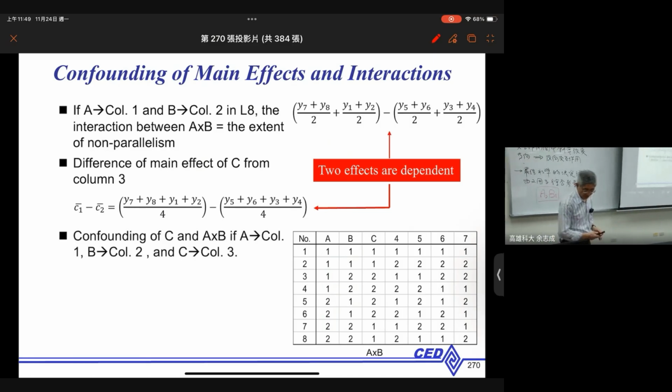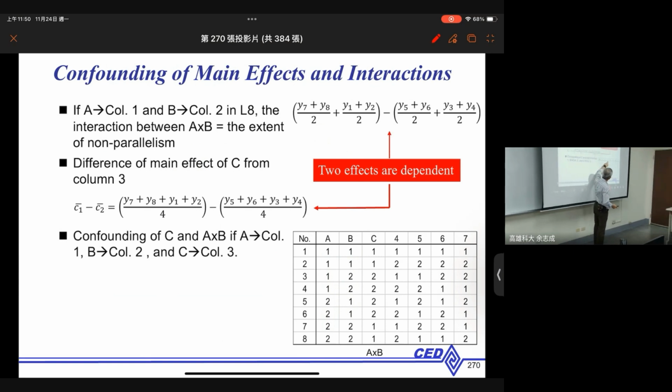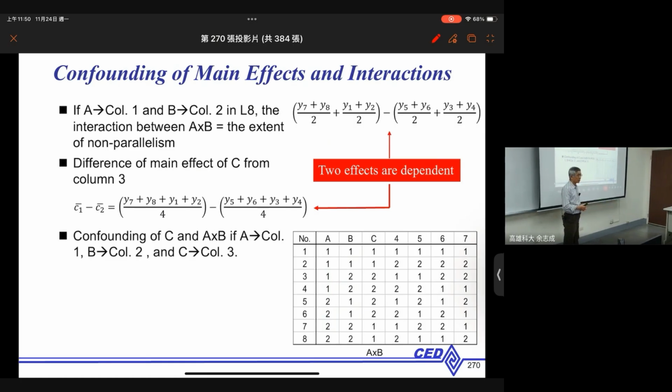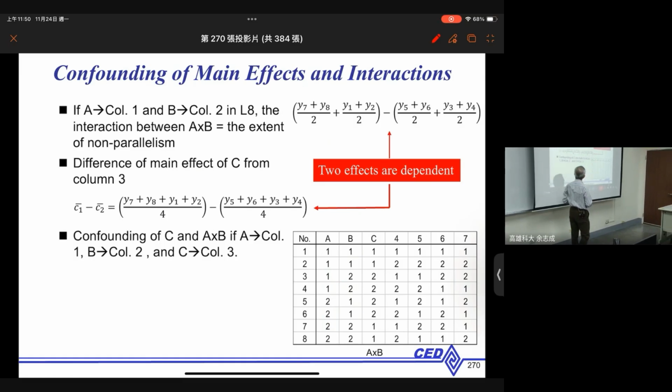So we say that these two effects, the AB interaction and effect C, will be confounded if you put C in column 3. You cannot accurately estimate C or interaction AB.